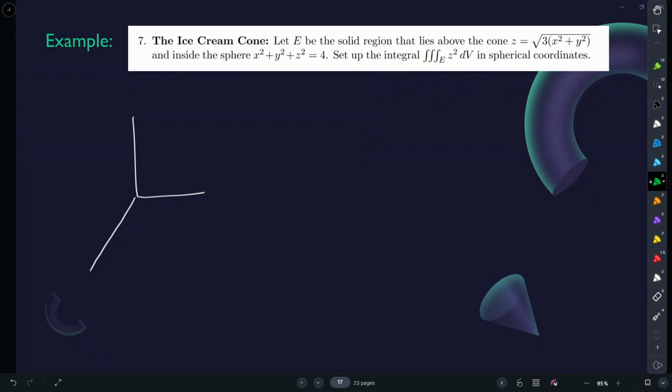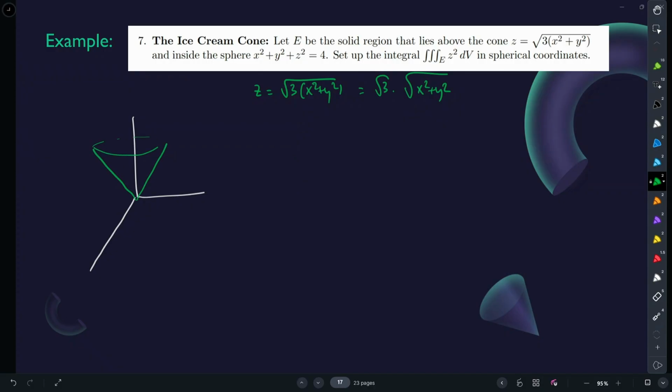So z equals the square root of 3 times x squared plus y squared is a constant times the square root of x squared plus y squared, which is a cone, but the constant just changes the sharpness of the cone. So in this particular case, I'm just going to sketch it like this.